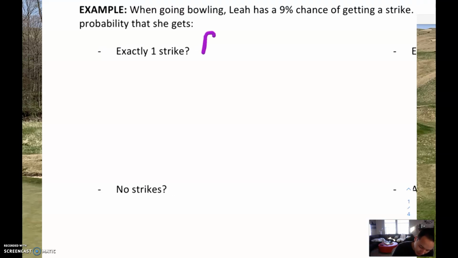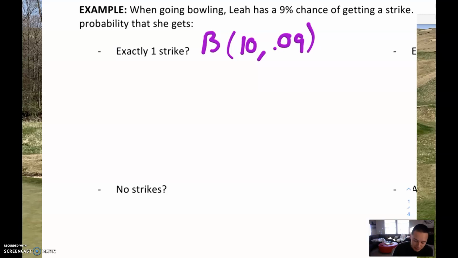So it's a binomial probability where it is 10 trials and the probability of something happening is 0.09. That's just some notation stuff. You don't really need to know that.